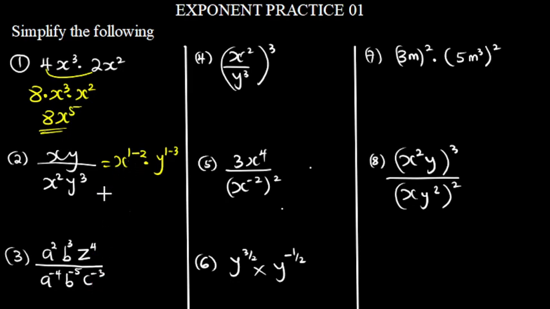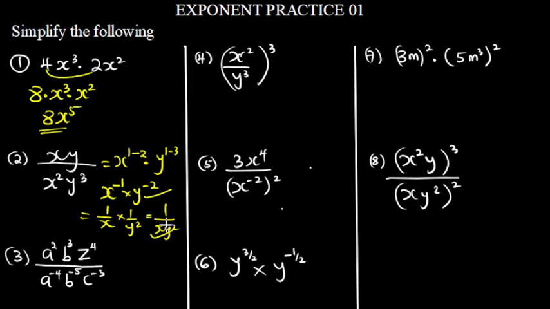Now this becomes x to the power of negative 1 multiplied by y to the power of negative 2. This one can also be written as 1 over x multiplied by 1 over y to the power of 2, which is equal to 1 over xy squared. So the answer could be this or this, depending on what appears as the options.